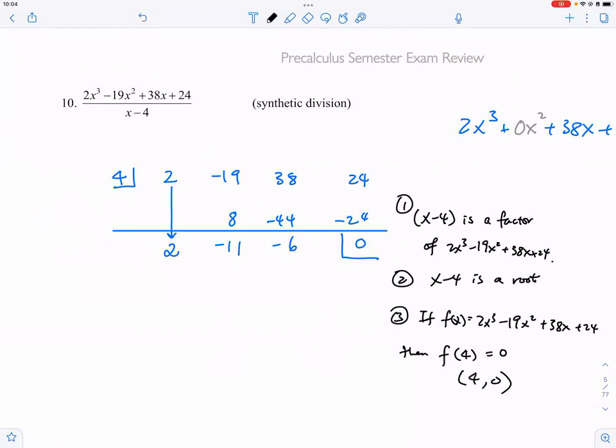That means you have an x-intercept (4, 0), which is true because you know x minus 4 is a root. So if you graph it, it should cut the x-axis at (4, 0).